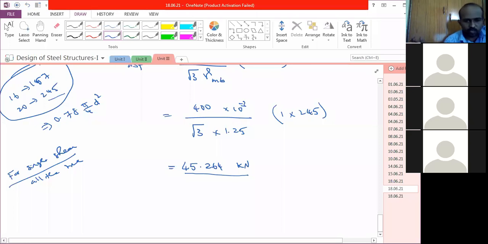Then there is no need to calculate the bearing capacity of the bolt. Then we take the shear capacity as the strength of one bolt. So we can write strength of one bolt equal to 45.264 kilonewton.